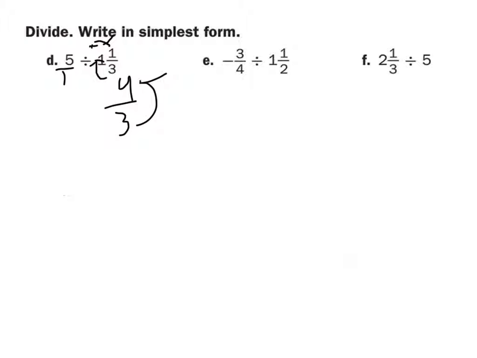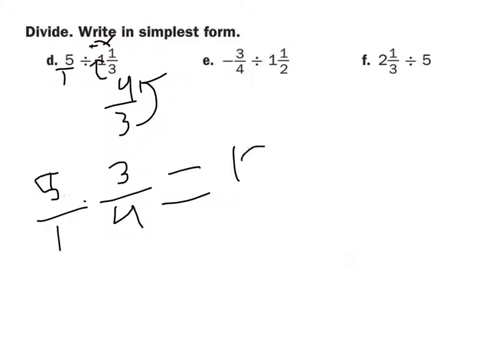Then you got to switch that, so it'll be 3 over 4, and it's 5 over 1. Good. And if you wanted it as a mixed number, 3 and 3/4.